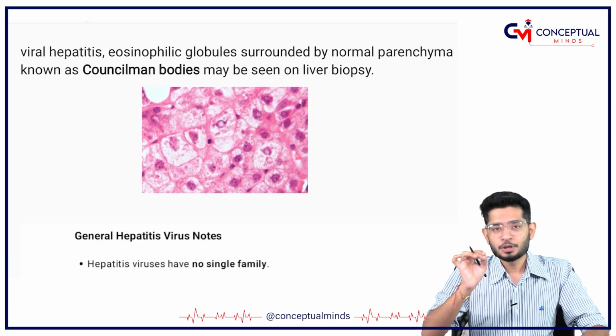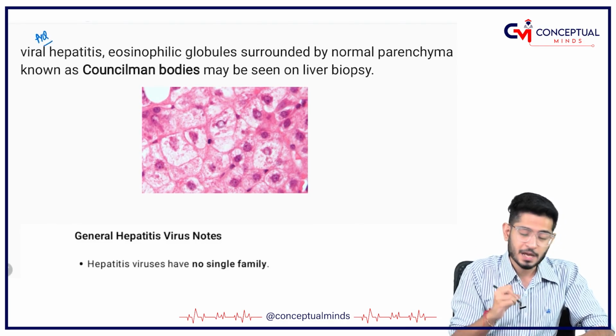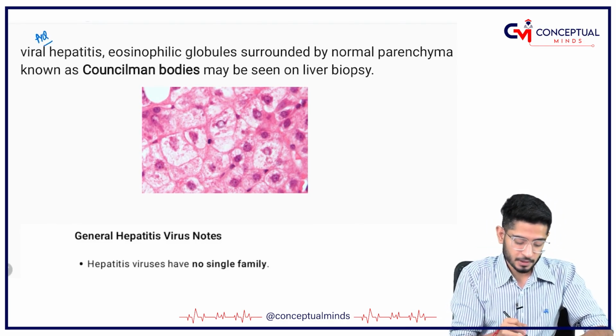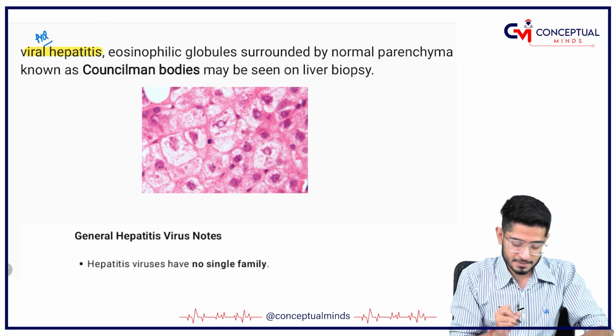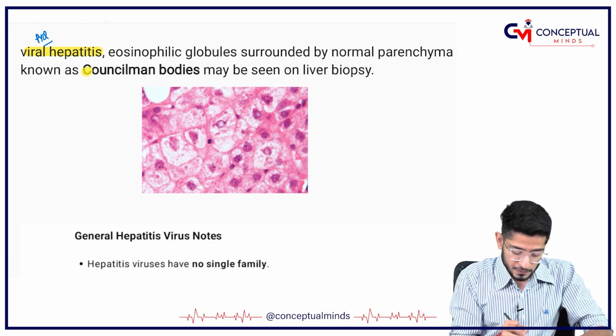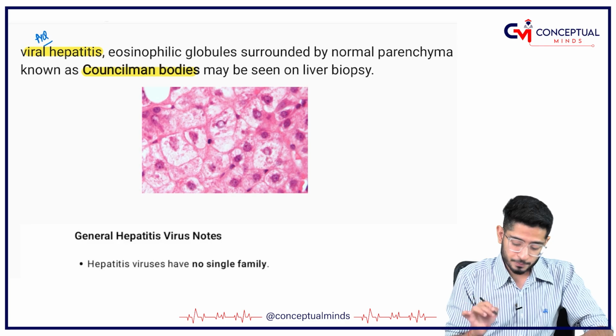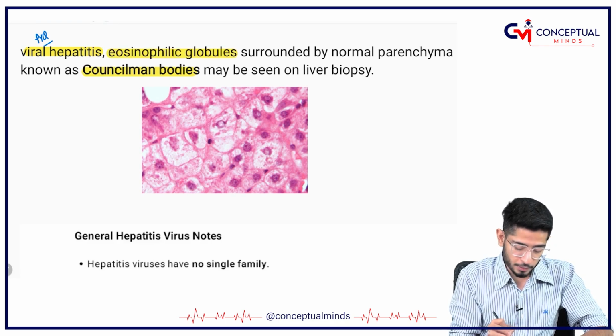First of all, I want you to look at this question. This is a previous year question which was asked in one competitive exam, that viral hepatitis, my dear friends, is responsible for producing the Councilman bodies. Now what does this mean? So please remember that viral hepatitis causes an eosinophilic globule.